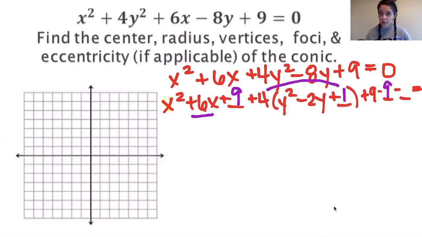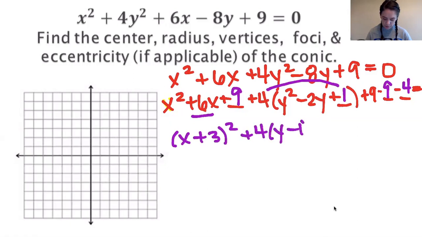So I wrote 1, but we really added in 1 times 4. So what we have is x plus 3, the quantity squared, plus 4 times y minus 1, the quantity squared, minus 4 equals 0. The 9 minus 9 went away, so we just had the minus 4.